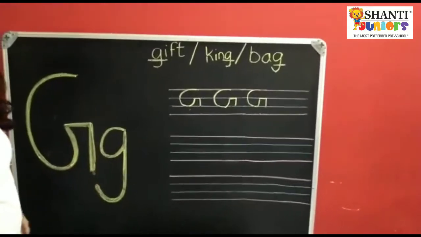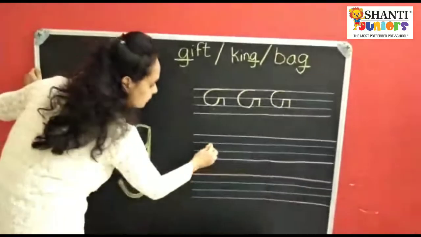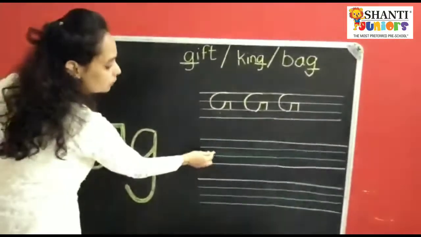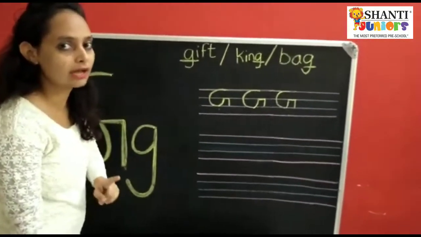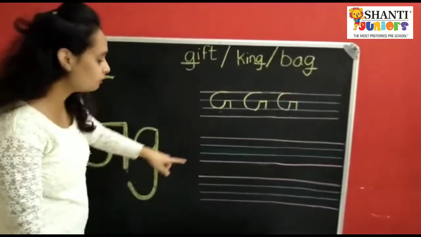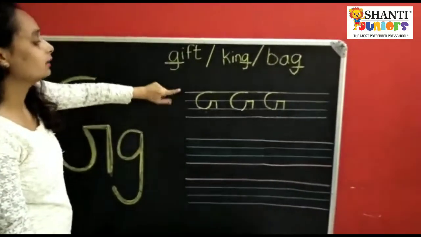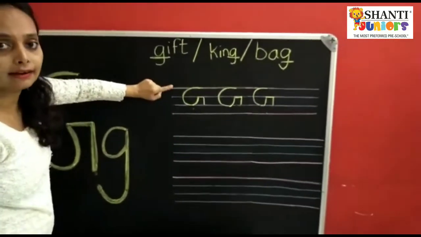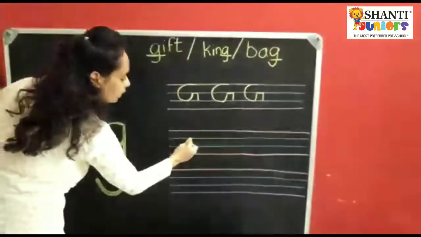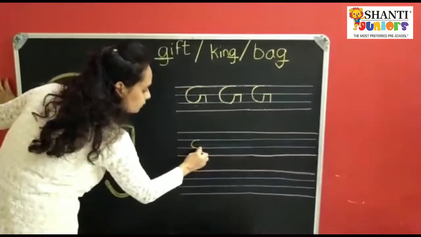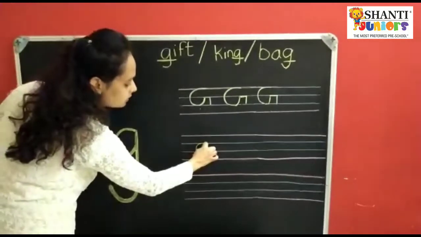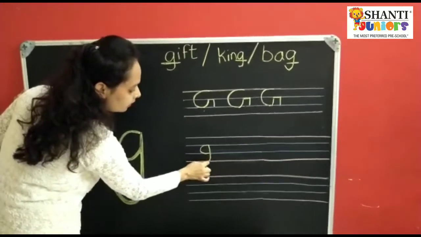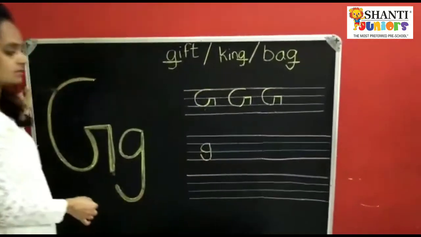Now we are going to see lowercase g. So you have to start from the blue line. Children, all the lowercase letters come in the blue line. All the small letters come in the blue line, and the capital letters start with the red line. Okay? So curve, here also curve, a small c you have to write, and from here a standing line and curve. Okay, like this.